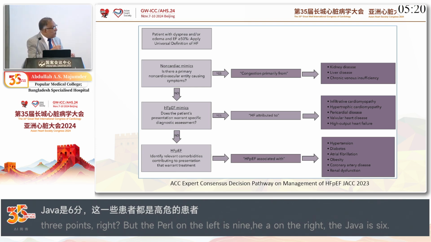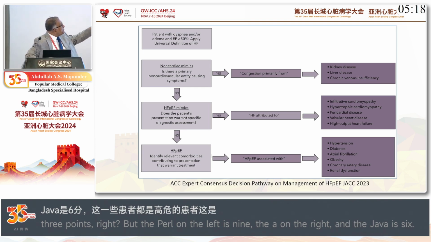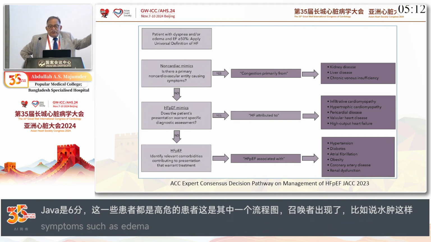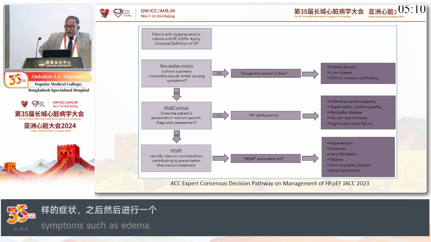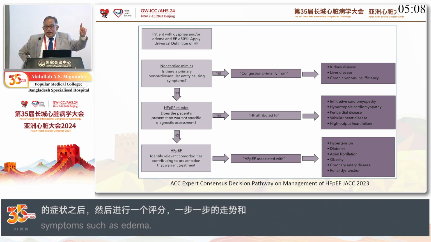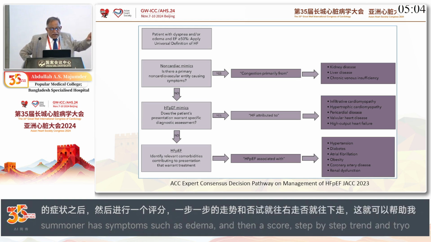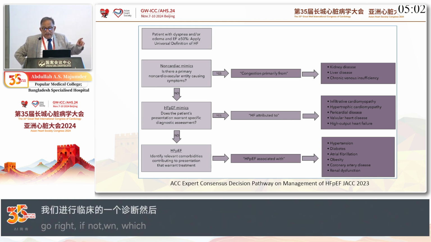This is one of the algorithms. The patient presents with symptoms of edema with ejection fraction more than 50; apply the universal definition of heart failure, whether the patient is in heart failure by clinical diagnosis. Then consider the non-cardiac mimics: kidney disease, liver disease, chronic obstructive disease.